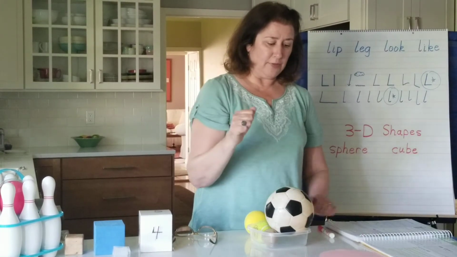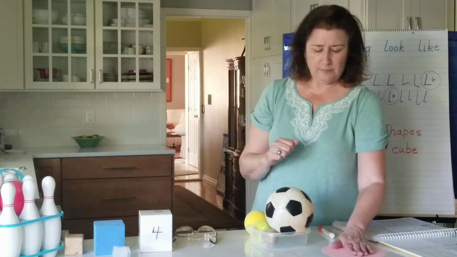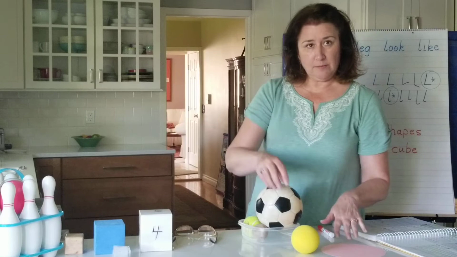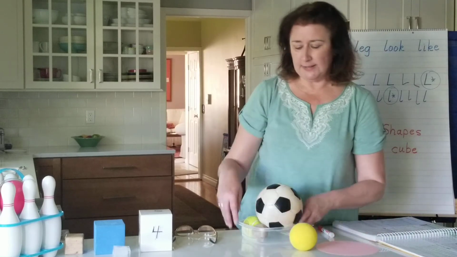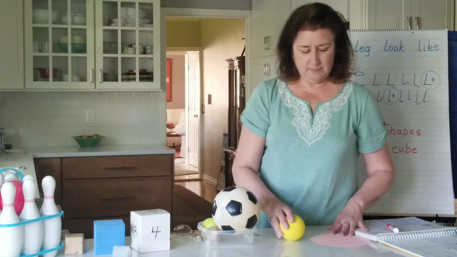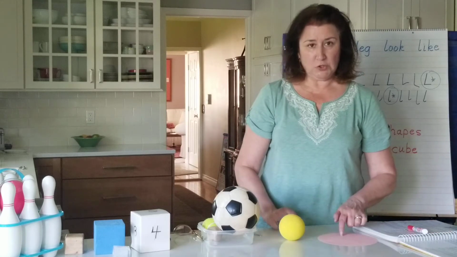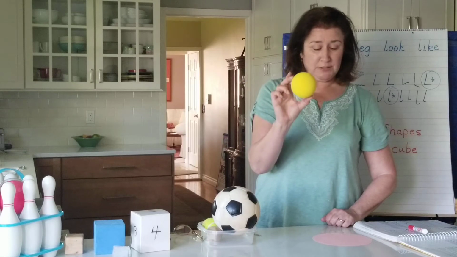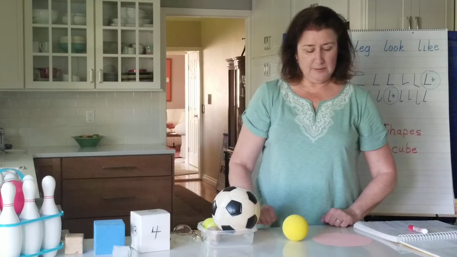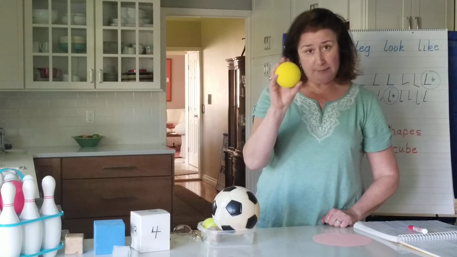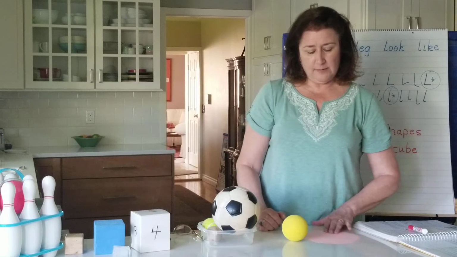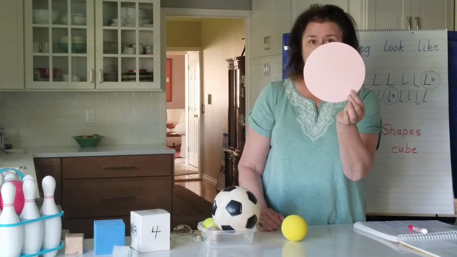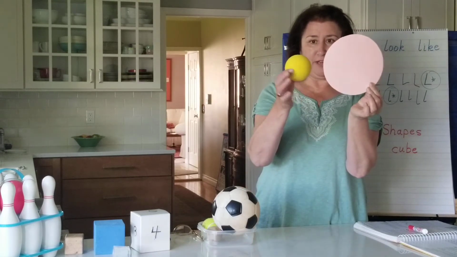If I lay it down on the table here, it's flat as a pancake. Here's my flat circle, and a three-dimensional sphere, okay? One is a solid object, one is a flat shape, okay? Circle, sphere.